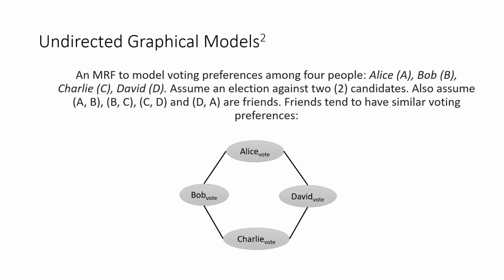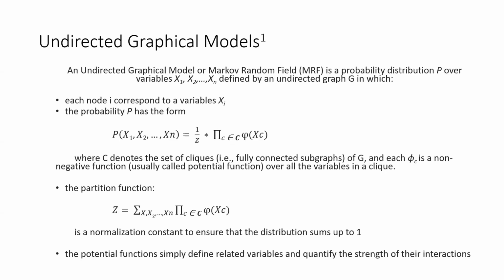Okay. But Foula, one question. So what is C? Why are we talking about cliques? Why is this important? Oh, because the independence relationships are defined over the cliques in that graph. So basically, all the variables within that clique are independent of the rest of the variables.